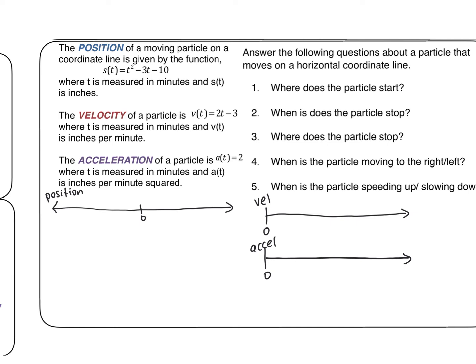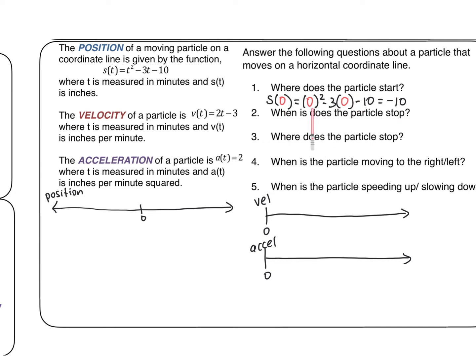So what we do is plug in 0 for the time element of the position, which is right here. Then we're going to see where this thing starts. So I'm going to plug it in, and we can see when we plug in 0, which again means, when does the particle start?